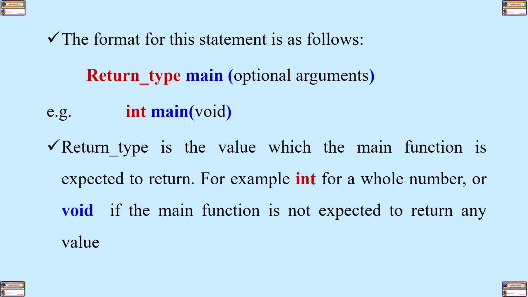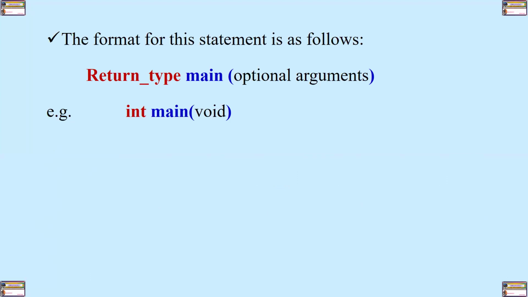For example, int for a whole number, or void if the main function is not expected to return any value. So if the main function is not going to return any value, then you can replace the word int in this statement with void, so it reads as void main.